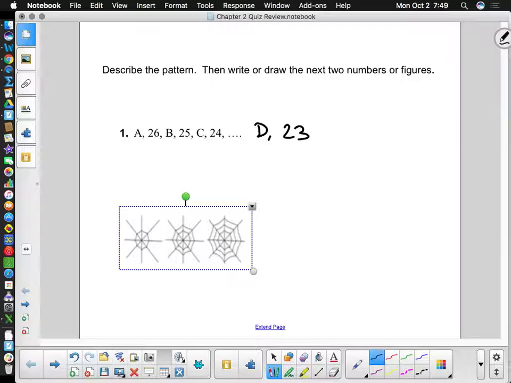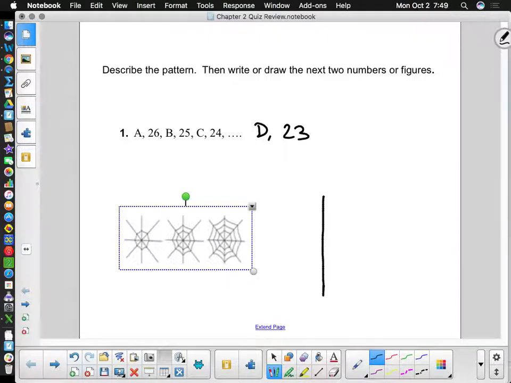Next we have our wonderful little spider web pattern, which was kind of a pain. But we'll just draw one extra one. I promise you on the quiz it will not be so complex. It was just one picture, I guess, that was easily available for the review.